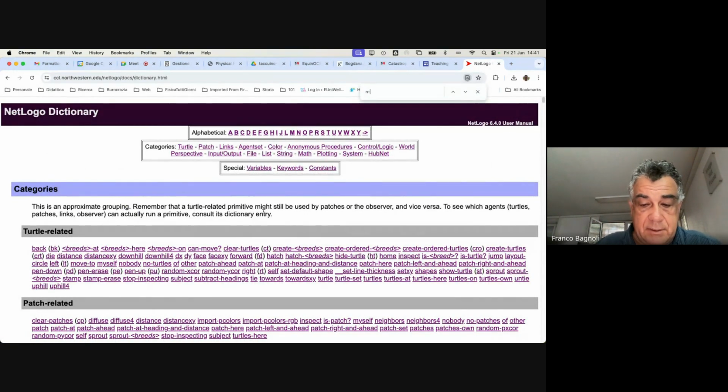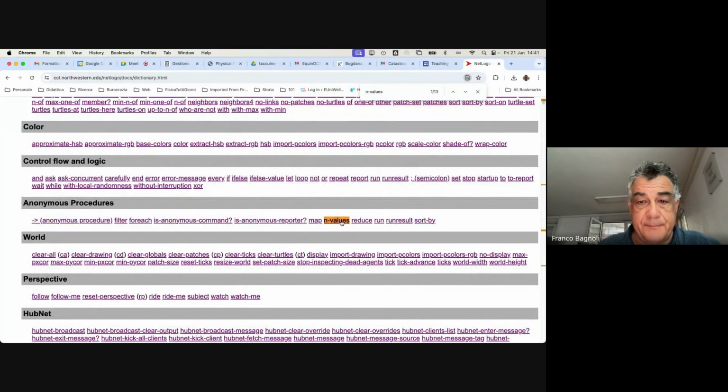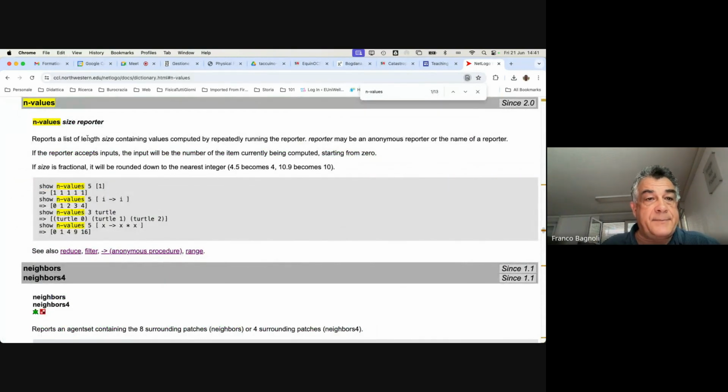N-values is something for generating a list of a certain number of items. We can give an anonymous function, an anonymous reporter. For instance, if you give a constant anonymous reporter, it returns a list of 5 ones.